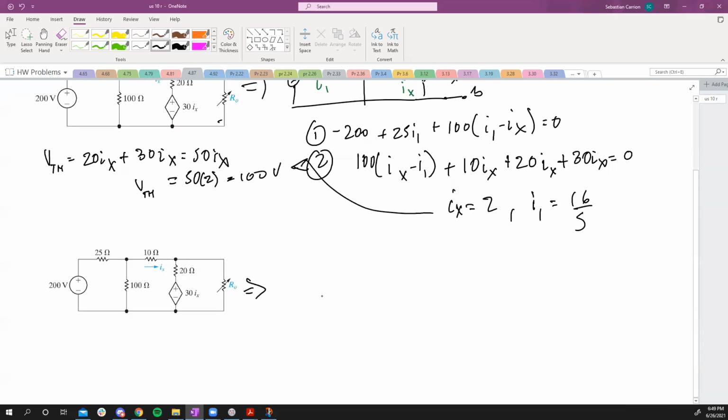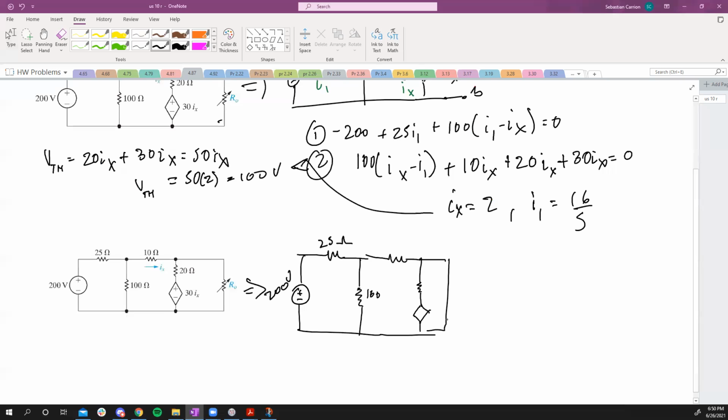So we're going to go ahead and rewrite this. So we have 200 volts. Okay, so then we have 3 loops this time.